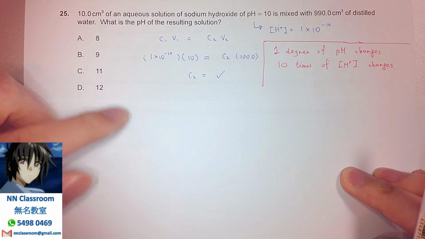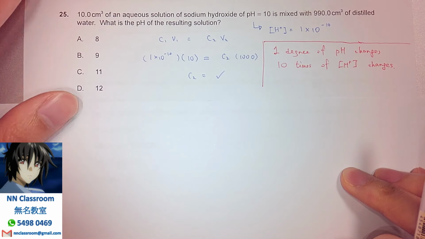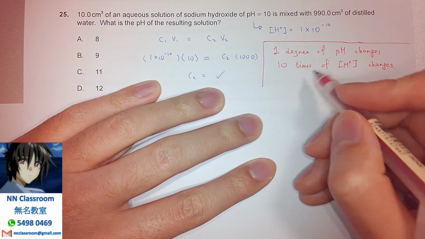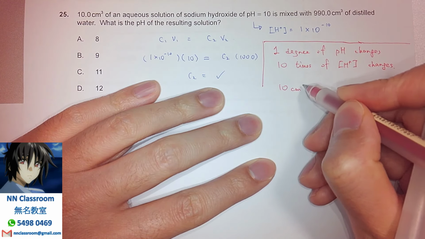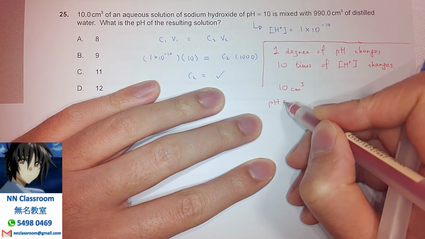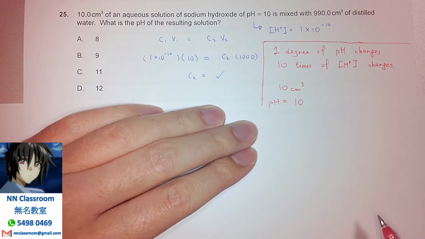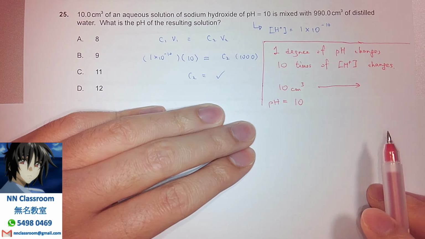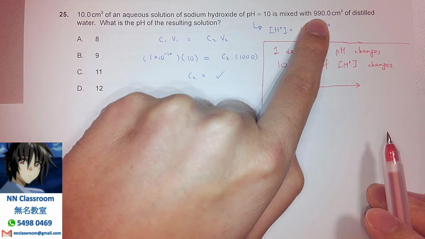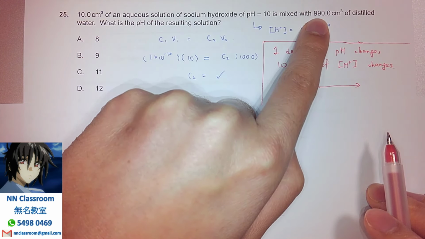So similarly, for this case, we should realize that initially I'm starting with 10 cm³, which the pH is going to be 10, right? And what I'm having at the end, after adding 990 cm³ of water, why 990?